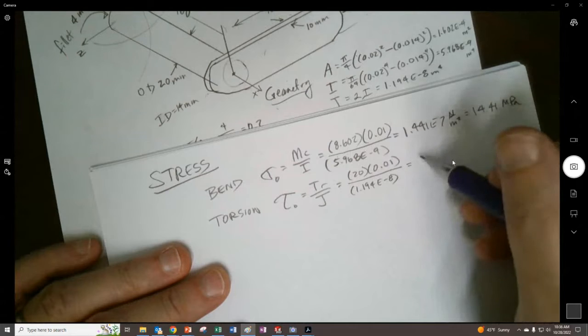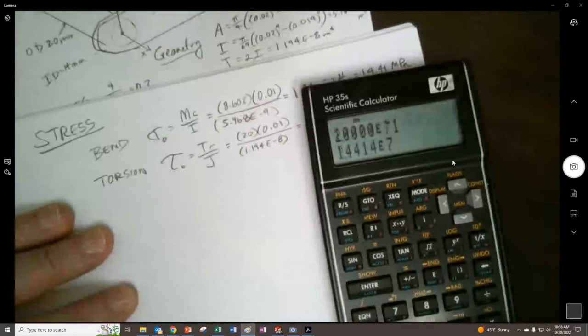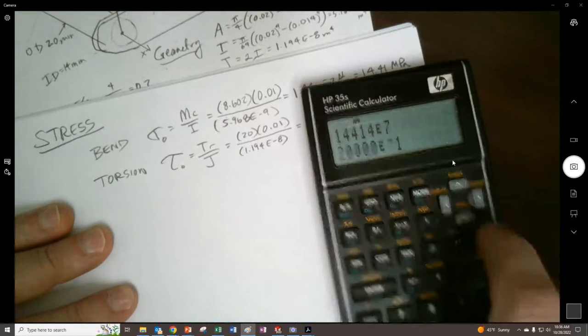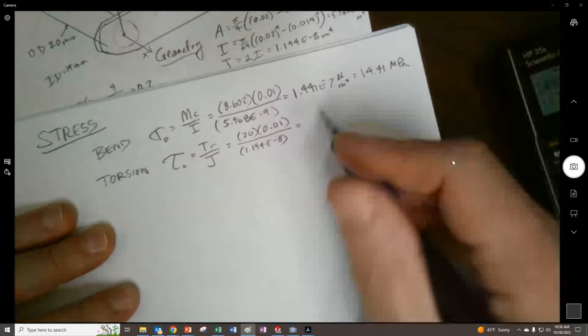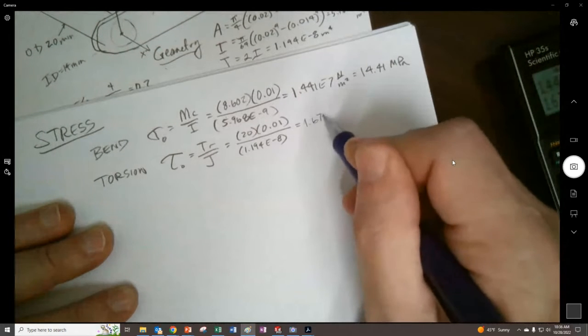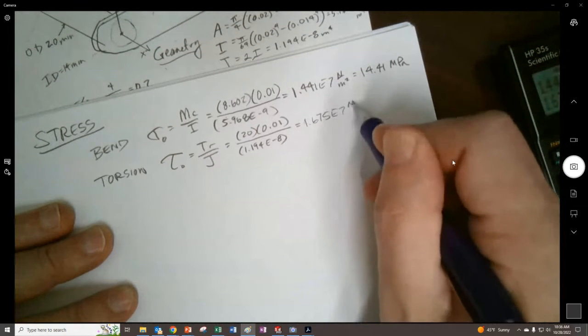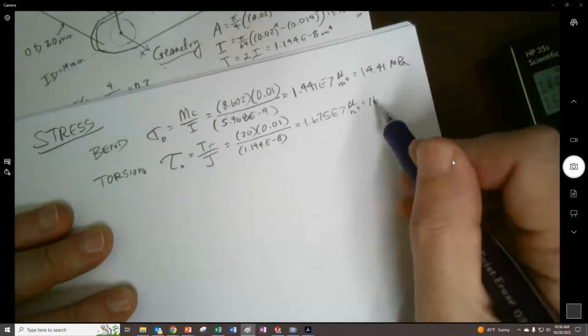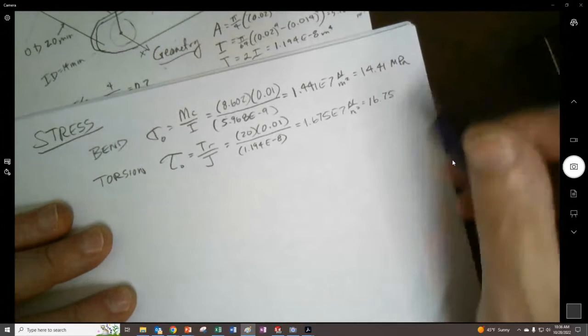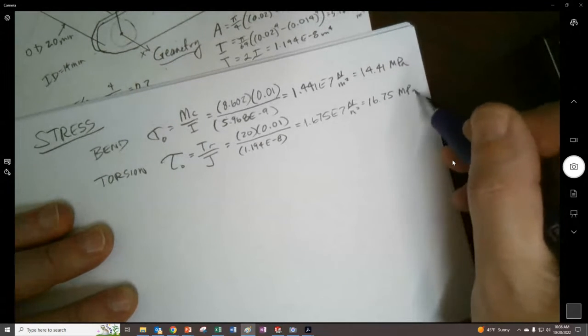And what I end up with is 20 times 0.01, divided by 1.194 E minus 8, and we end up with 1.675 E7 newtons per meter squared. So that's 16.75 megapascals.